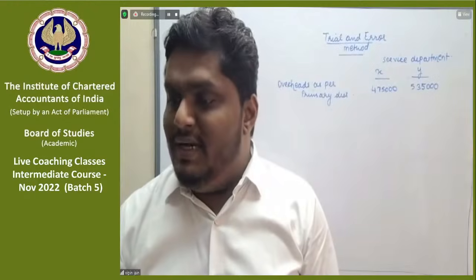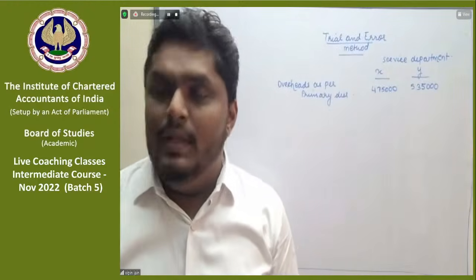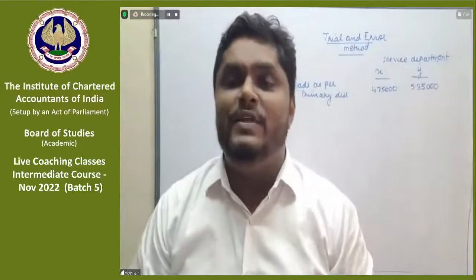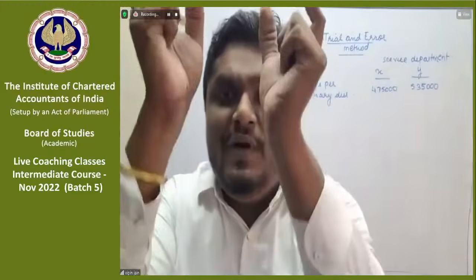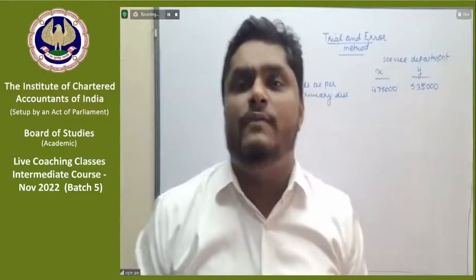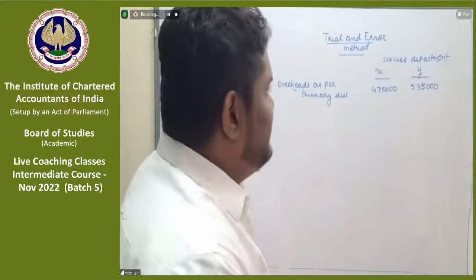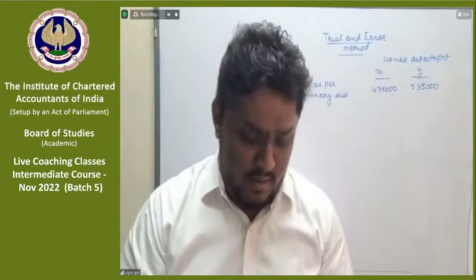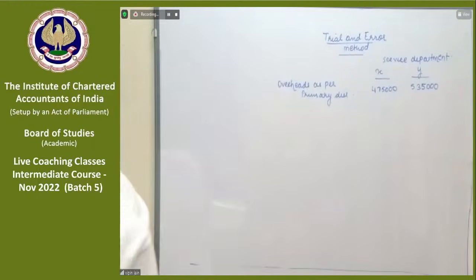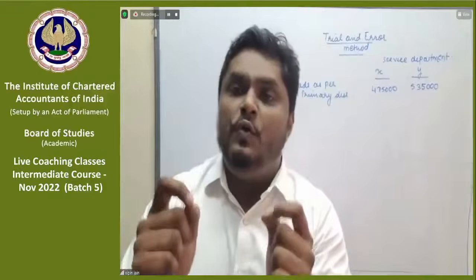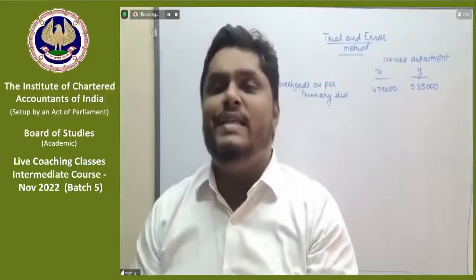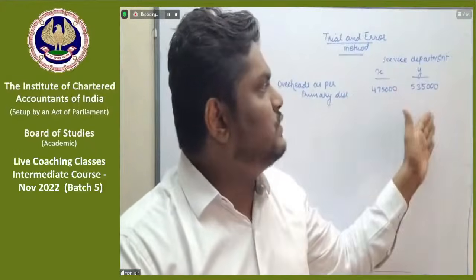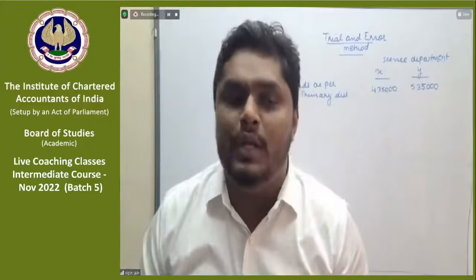Now let's start with the trial and error method. This method is more or less like the repetitive distribution method, wherein we first calculate the total overheads of the service departments. So now let's distribute overheads of X to Y, then Y to X. Sorry, we have to first calculate the total overheads of X and Y, wherein we will repeatedly distribute the overheads of X to Y, Y to X to calculate the total overheads.